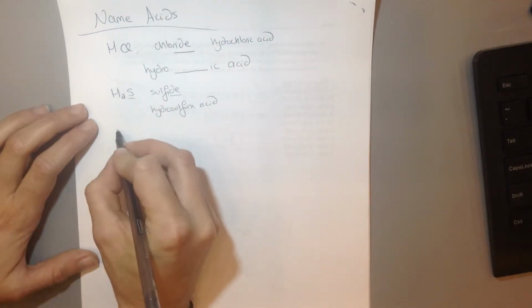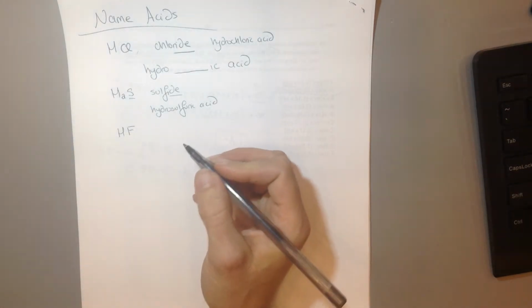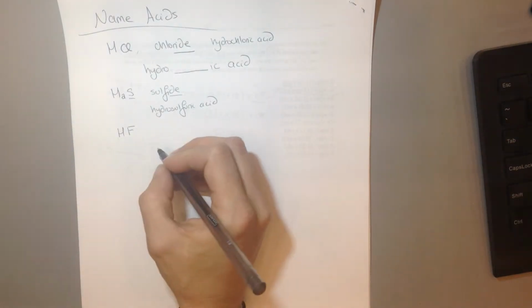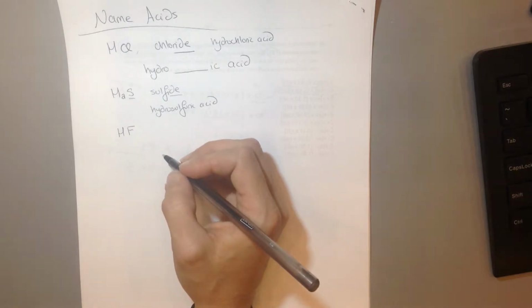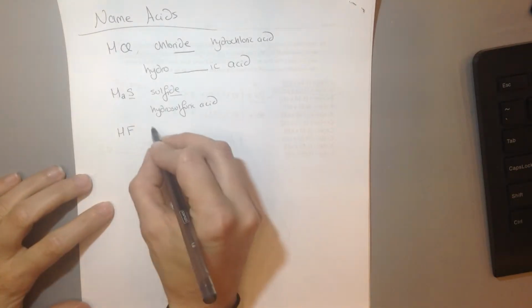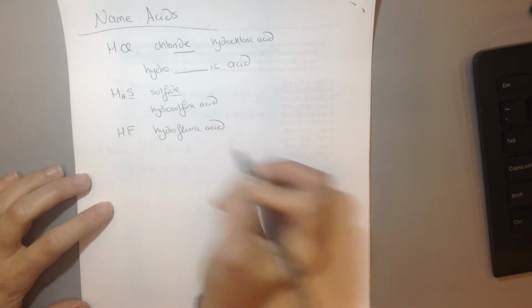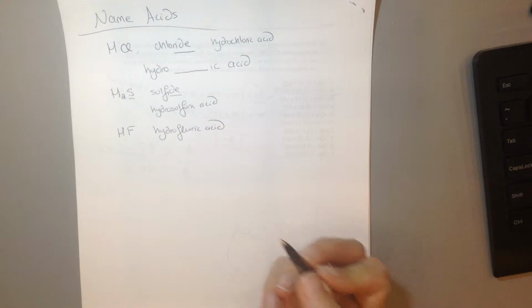What about HF? Somebody raise your hand and tell me, what would HF be? Yes. Hydrofluoric acid, very good. Which is super, super corrosive.